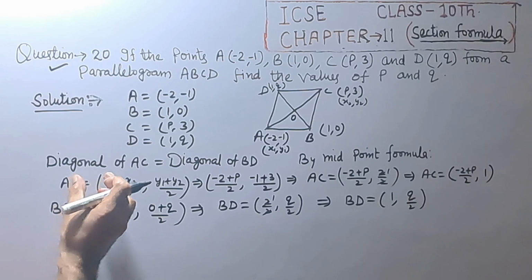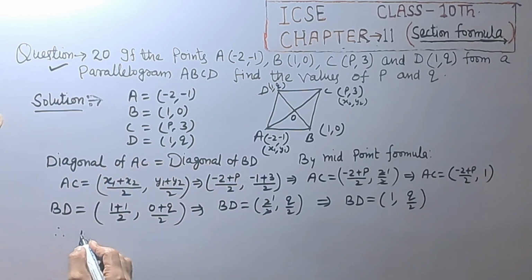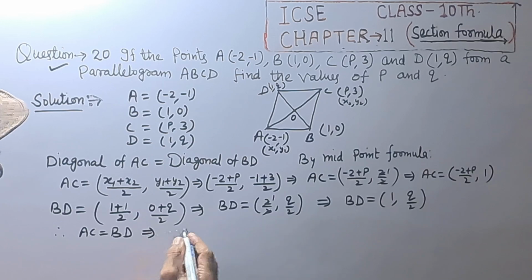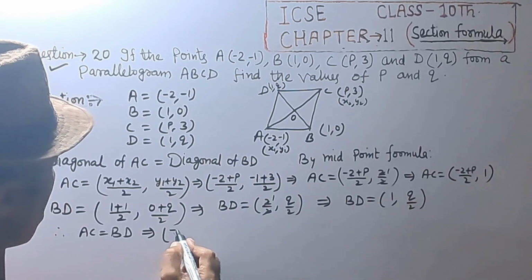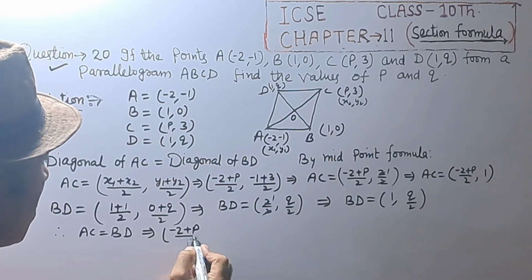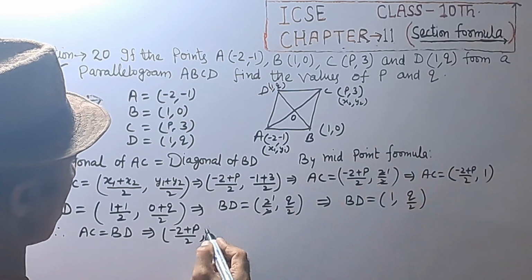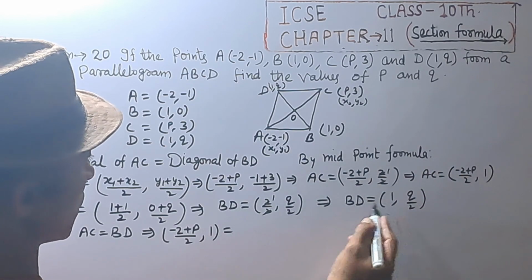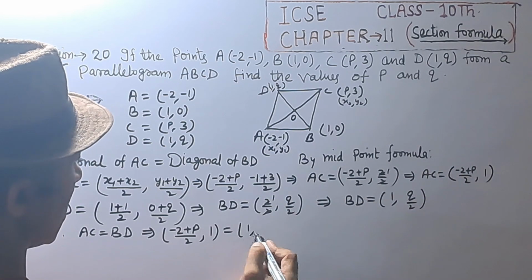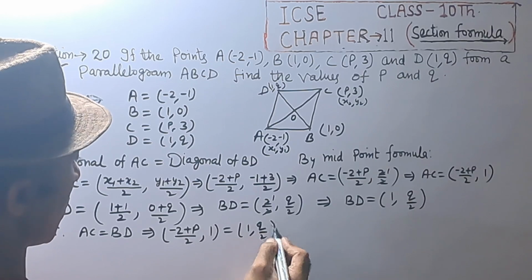So the diagonal AC is equal to BD, which implies ((-2 plus p) upon 2, 1) is equal to (1, q upon 2).